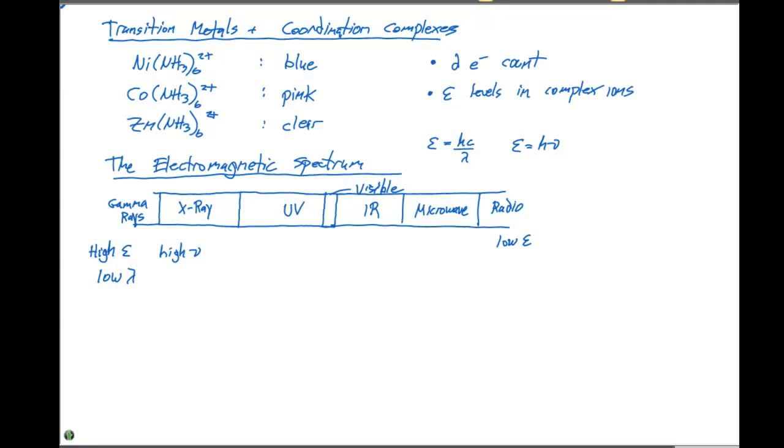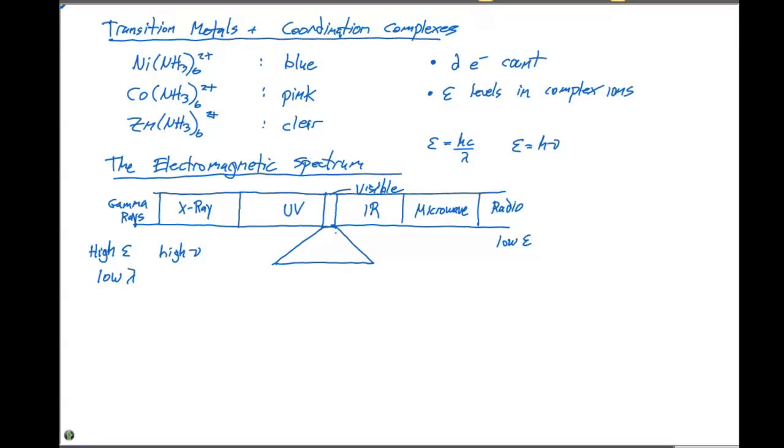One of the things that I want to focus on, in this transition metal analysis, is that we're going to look at various wavelengths of radiation and why we can visualize the colors that we do. So let's focus on this middle section here, the visible spectrum.